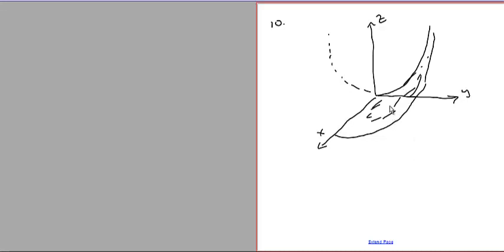Now the outward normal, I think we're going to say, is this direction. So that means that we need to go this way around the boundary. In the book they're calling this curve 1, and they're calling this curve 2.